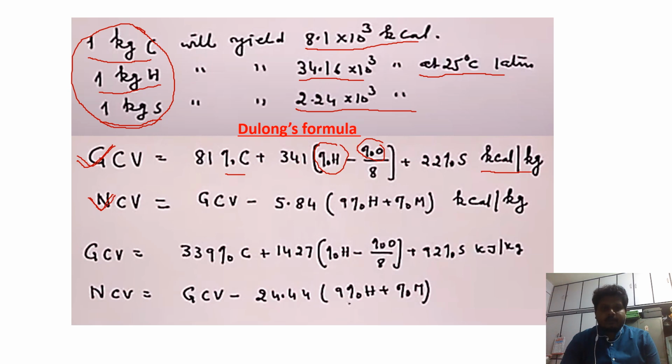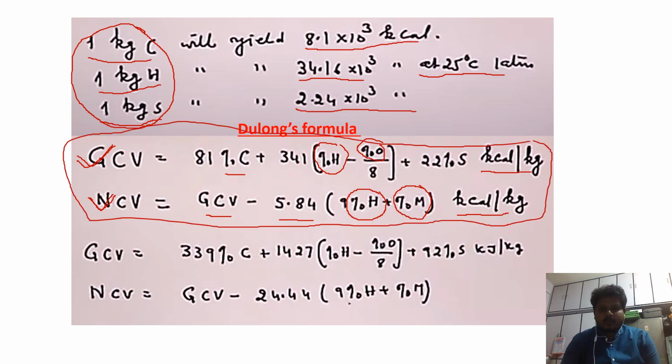To find the net calorific value, it is gross calorific value minus 5.84 into 9 percent of hydrogen plus percentage of moisture. The answer would be in terms of kilocalories per kg. These two equations are known as Dulong's formula, because he invented these formulas.